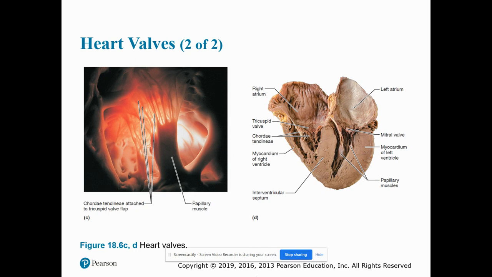This is showing you the papillary muscle and the chordae tendineae, and then it would be attached to the tricuspid valve up there. This is showing the same thing. This is your tricuspid valve, the little strings are the chordae tendineae, and down here you would have your papillary muscles.